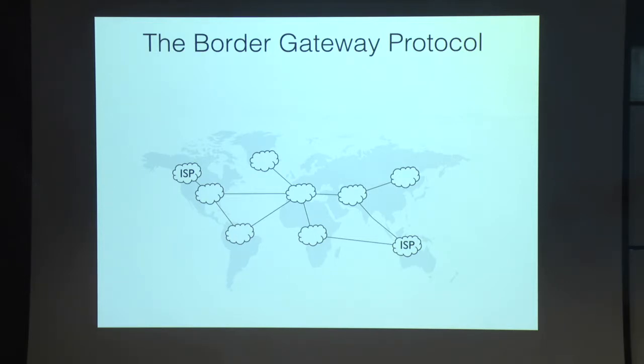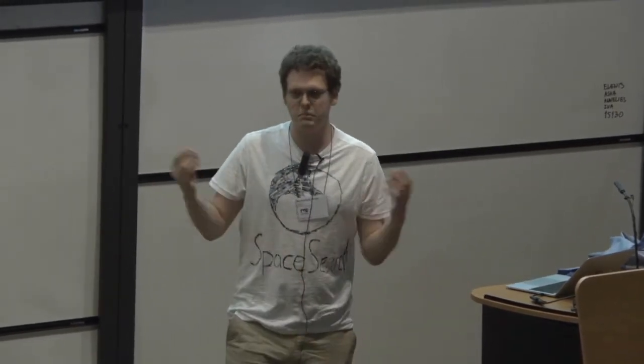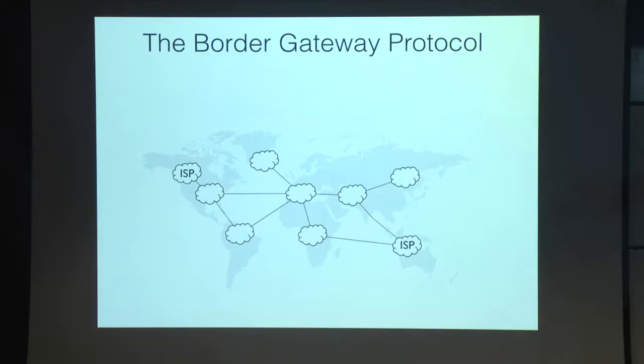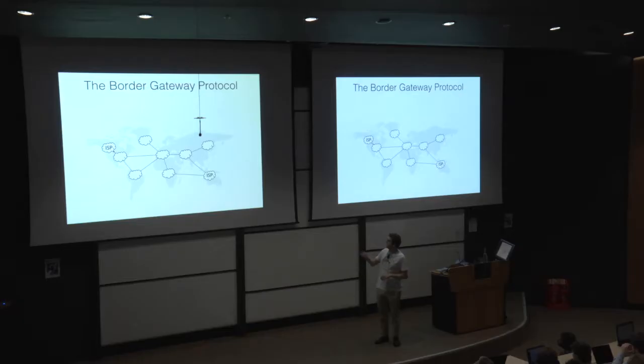First of all, this is a depiction of the internet, and what you see here is that it's not just one big network, but instead it's a network made up of smaller networks, here represented by clouds, and each of these clouds is administered and operated by an individual internet service provider, or ISP for short. Now, when these ISPs need to exchange packets with one another, they also need to exchange route announcements. And they do that using the Border Gateway Protocol, or BGP for short.